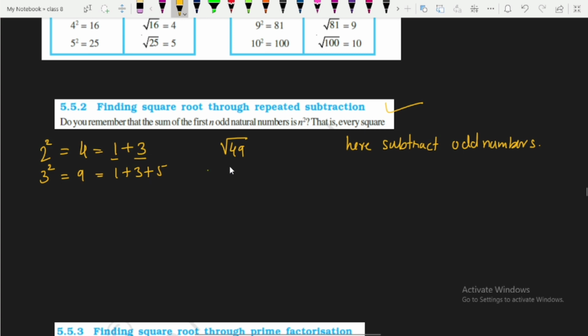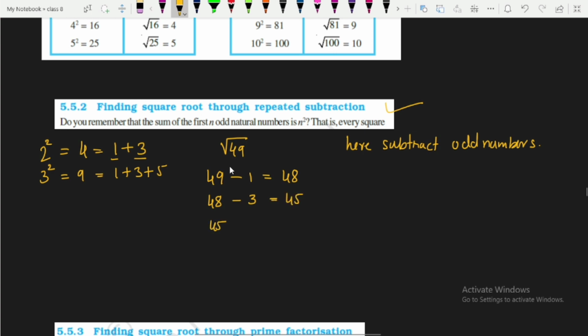First take the given number, 49. Subtract 1: 49 minus 1 is 48. Next subtract the next odd number, 3, and you get 45.